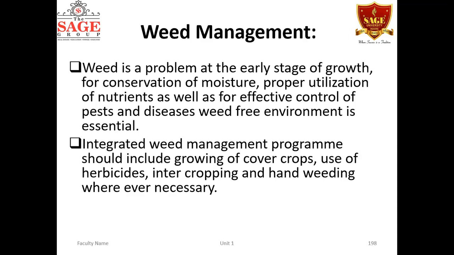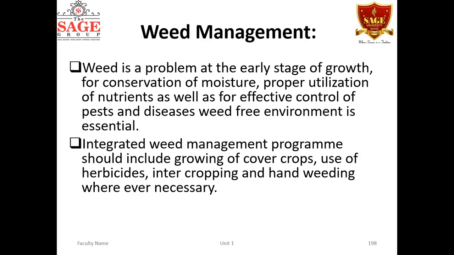Okay. So coming to weed management. Weed is problematic at the early stage of growth of the crop. For conservation of moisture, proper utilization of nutrients, as well as for effective control of pest and disease, we need to go for proper weeding.